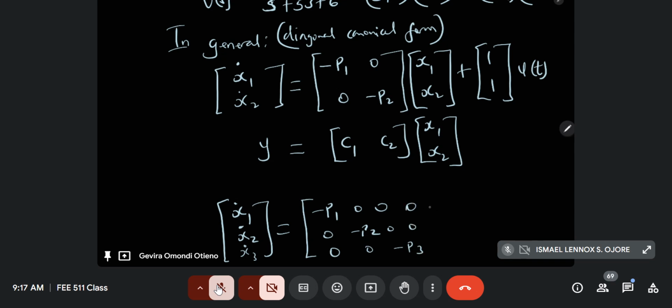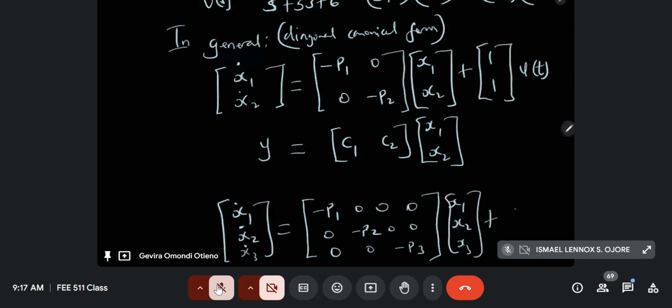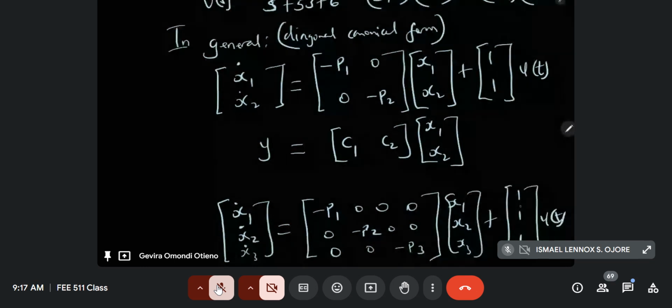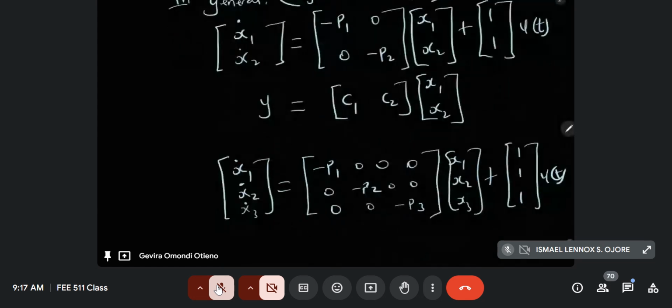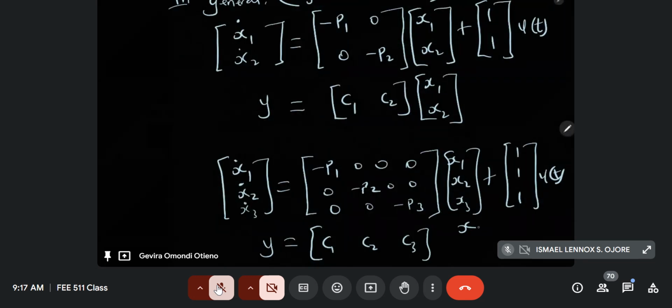So these are 0, 0. So you can see it's minus p1, minus p2, minus p3. And then, of course, you'll be having x1, x2, x3. And then notice that the input matrix is 1. It's unity, meaning at the input, you supply only a unity value. So then the output matrix would be C1, C2, C3. See, it's a general form that you have to know.